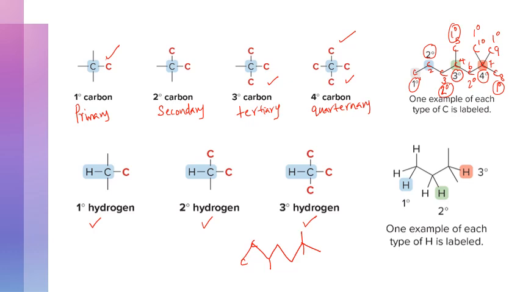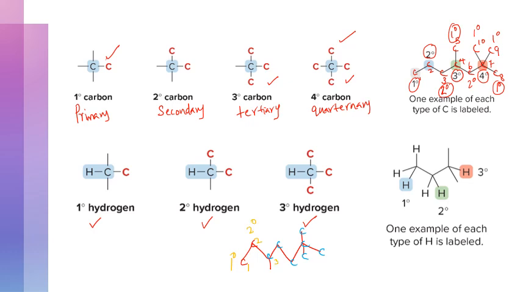I'm going to pick another color. So here, here, here, here, this is carbon, this is carbon, this is carbon. Then we just look at which one is attached to which one. This carbon atom number 1 is attached to only one other carbon atom, so it is primary. This carbon atom number 2 is attached to two other carbon atoms, so it is secondary.